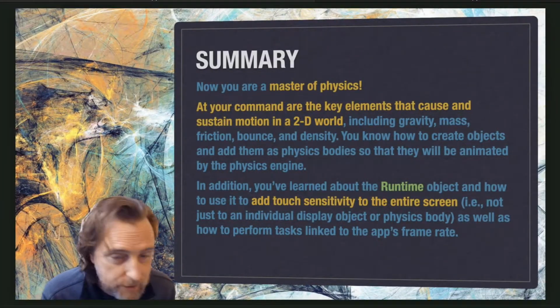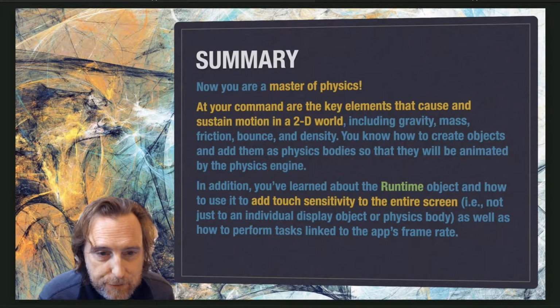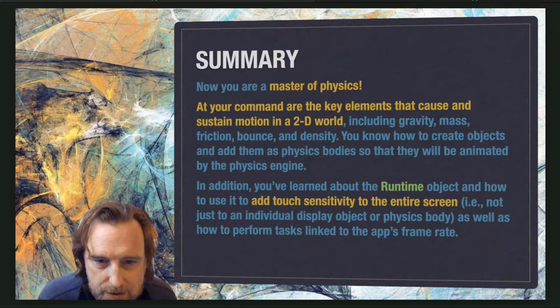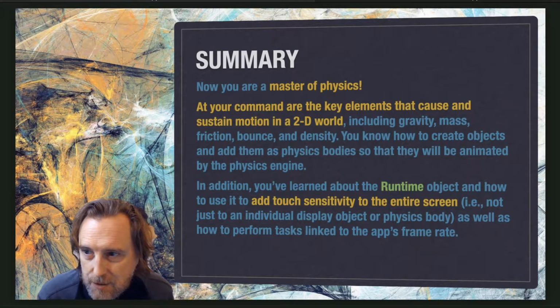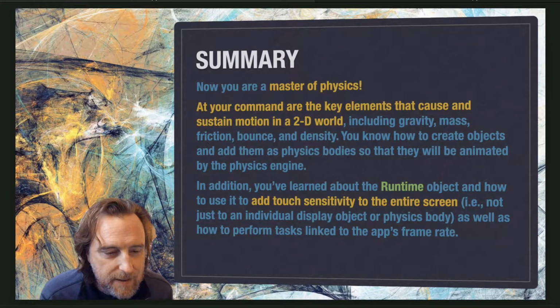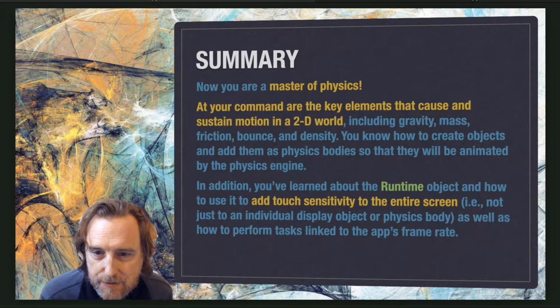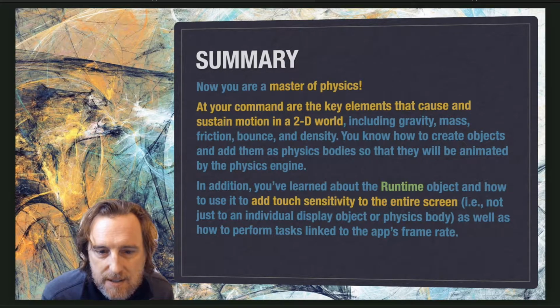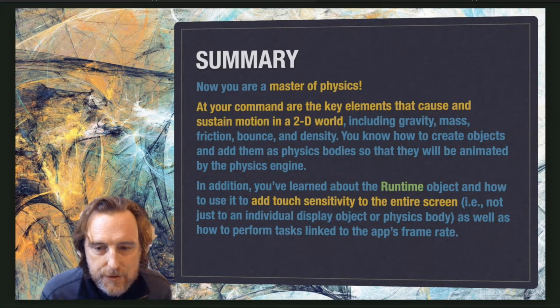That's chapter 12. You are now a master of physics. At your command are the key elements that cause and sustain motion in a 2D world. You are in control of gravity, mass, friction, bounce, and density. You know how to create objects of different shapes and add them to the physics engine and take control of the world that you have created.